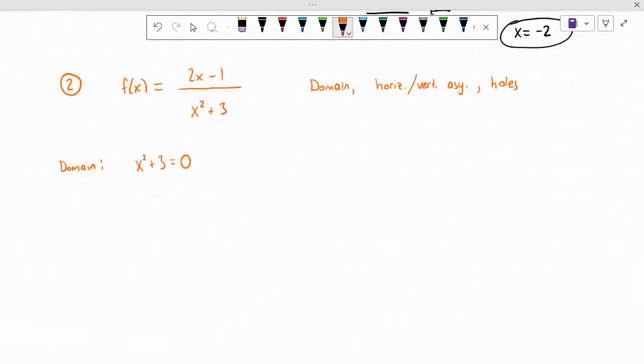In this case, so again, to find a domain, start by looking at where the denominator is 0. For this function here, at what locations is the denominator equal to 0? Okay, so this equation has no real solutions.